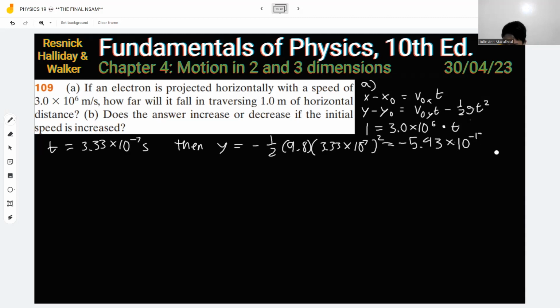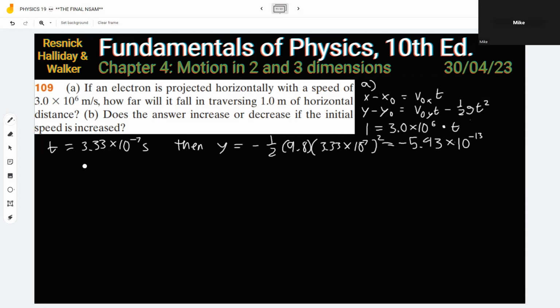What? So, ano po kasi yung the -12? Micro, nano, pico? I think it's pico. So, picometers? Literally. 5.8 picometers. Oh no. Okay, so literally almost nothing fell down.